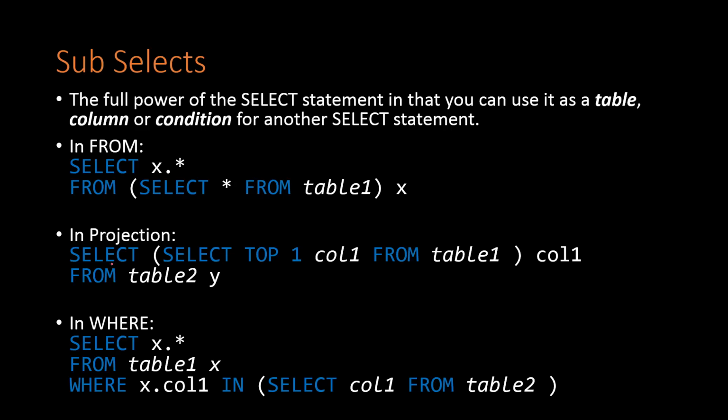You can also do a select statement, but you put the select statement in the projection or column. And you can also put the select statement in the where. So you could say select from one table where a column has a value that's in some select statement that returns a value. So you got to think about using this in situations where the straightforward one single unified select statement doesn't solve your problem.